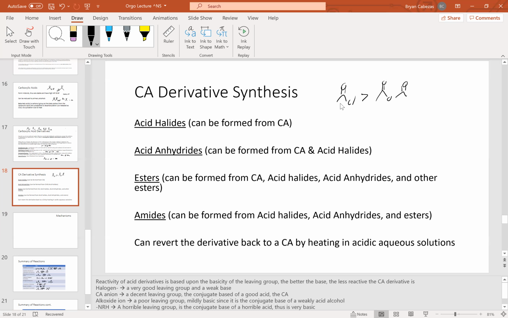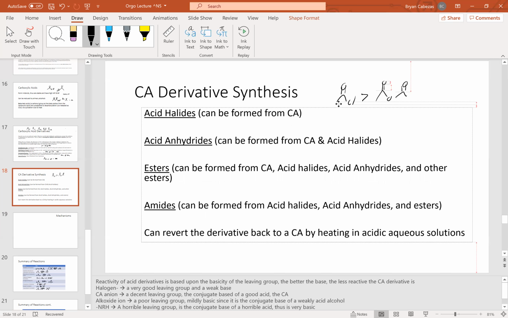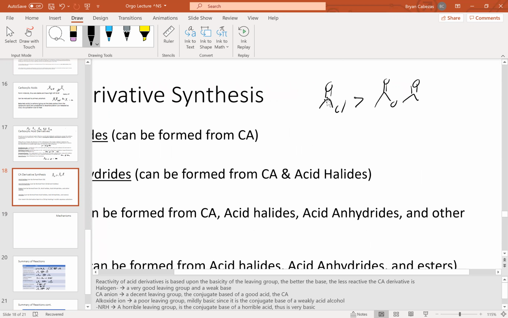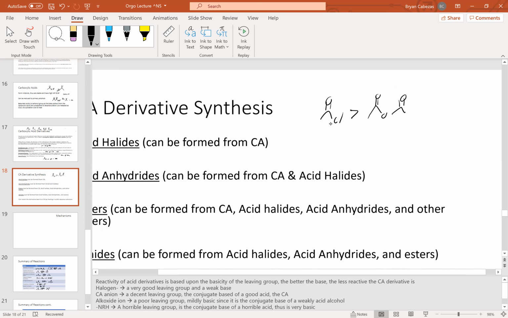Remember, if something's reactive, it means that it's going to make something else. If you have a really reactive acid chloride, for example, you're not going to have your acid chloride by the end of your reaction. It's going to turn into something else.